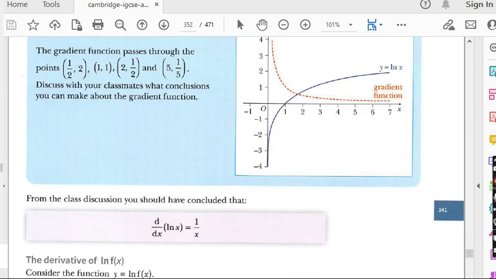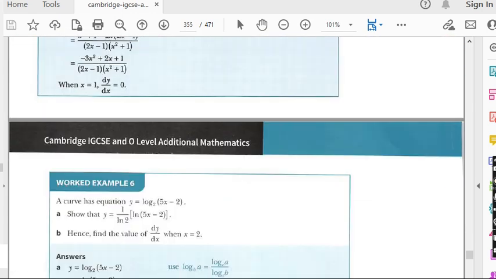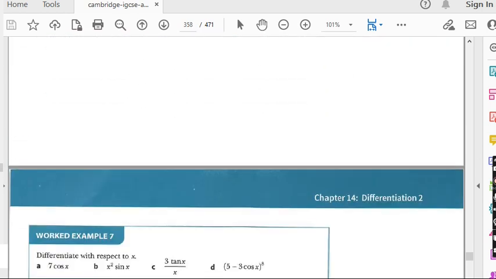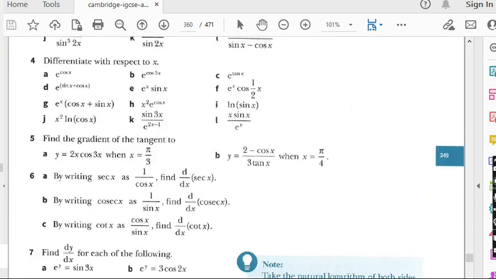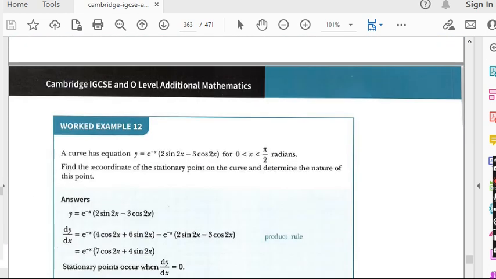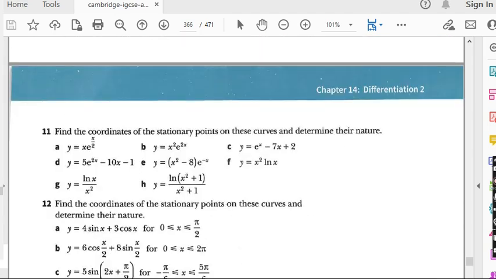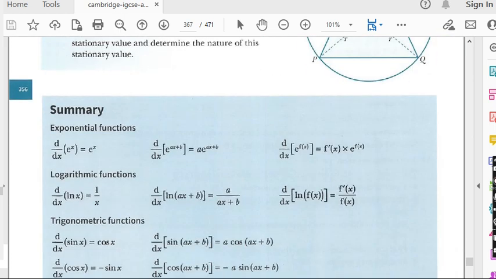It has only 4 exercises, 14.1, 14.2, 14.3, 14.4, and I think it's a small chapter compared to chapter number 12, which has 10 long exercises.